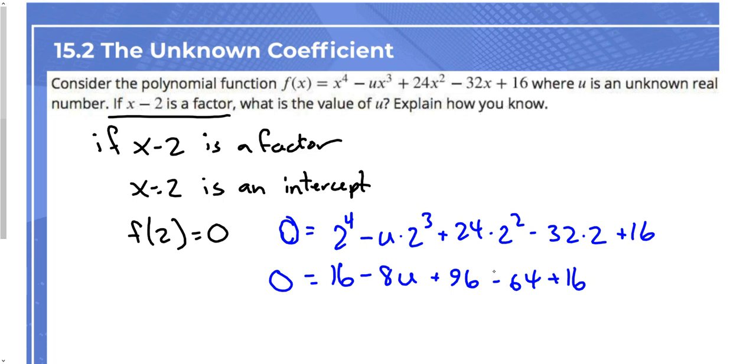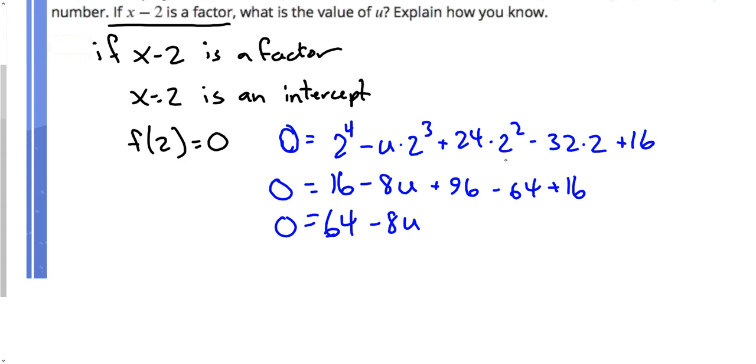So 32 plus 32 is 64. So what I now have, 16 plus 96 minus 64 plus 16, it's 16 plus 16 plus 32, 64 minus 8u equals 0. Okay, and that's just kind of combining all my like terms.